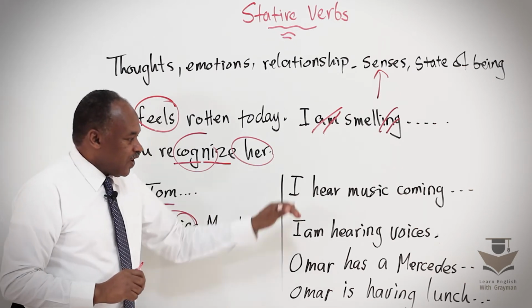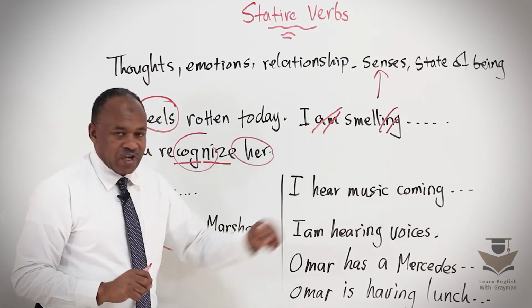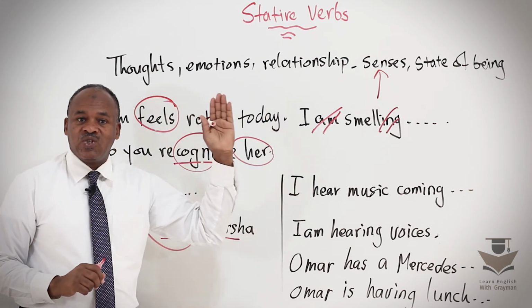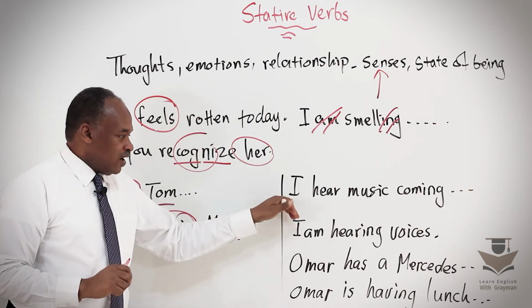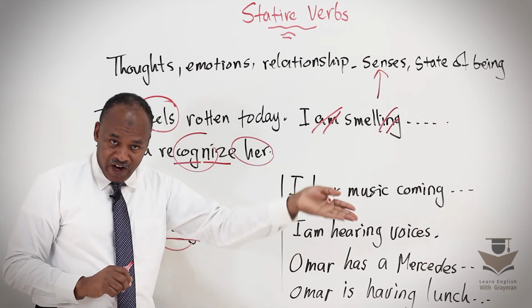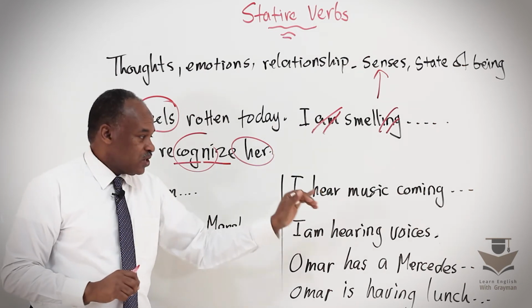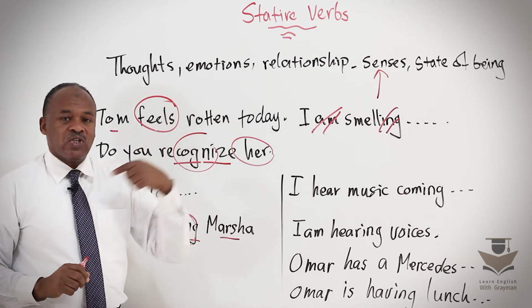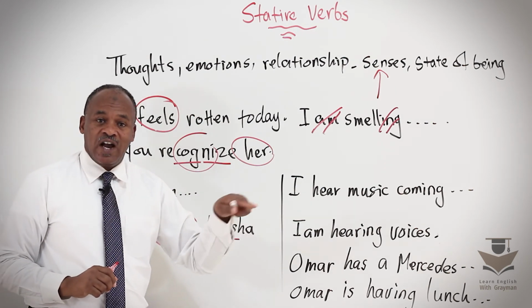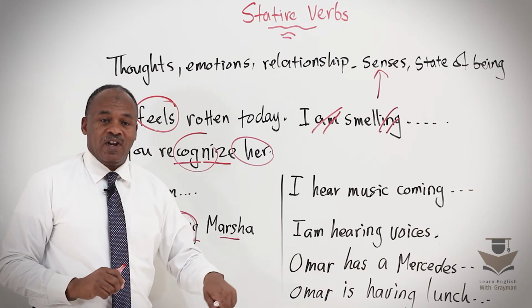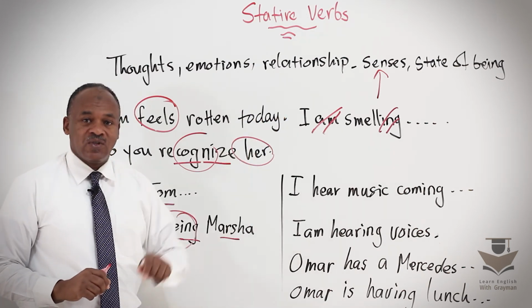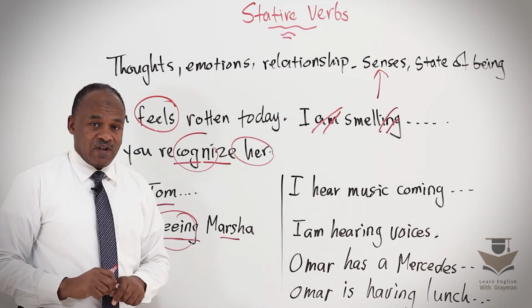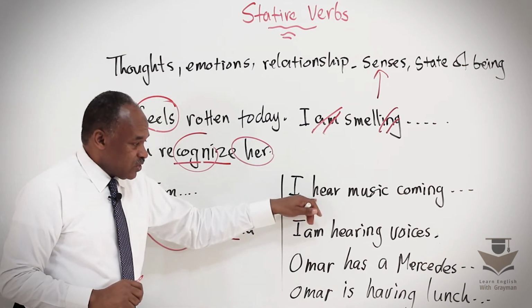Here, if I say, I hear music coming from the neighbor. He's disturbing me. I hear music coming right now. That's present continuous tense. So you say, I hear music coming from my neighbor. So I'm going to talk to the superintendent, the guy who's responsible for my apartment building, to tell him to stop the loud music. So that is how we use hear.